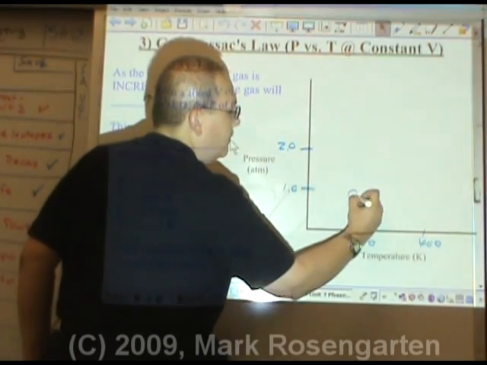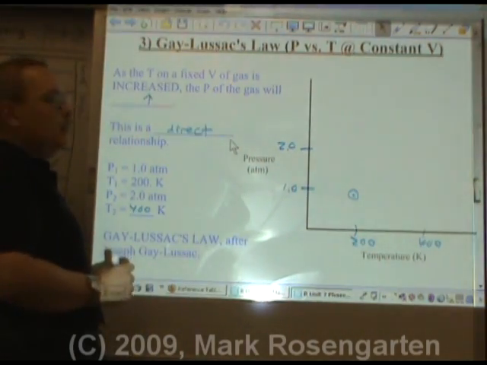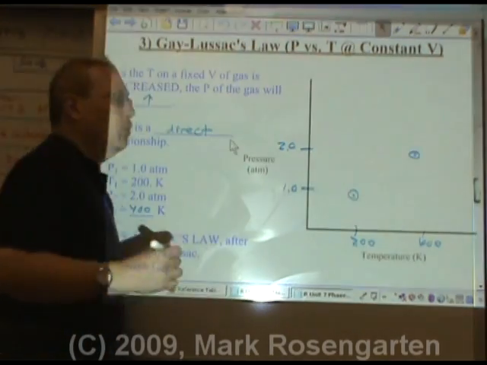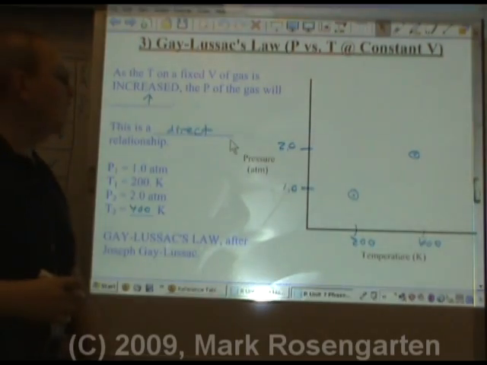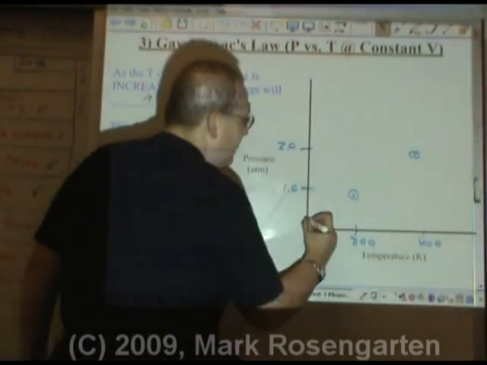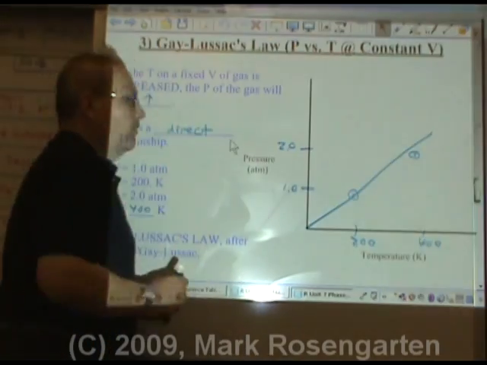At 200 Kelvin, it only exerts 1 atmosphere of pressure. But if you double the temperature, the molecules on average will be moving twice as fast, and therefore exert twice as much force when they bounce off the container wall, doubling the pressure.